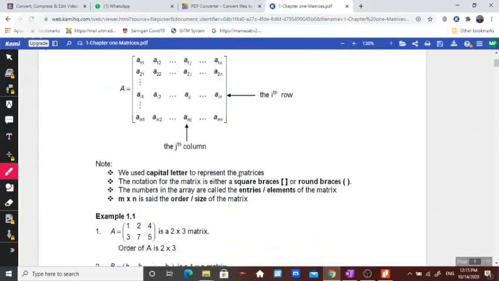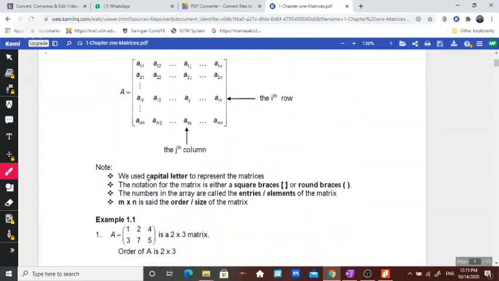Another point is that to represent a matrix we use a capital letter. This is an example, capital letter A to represent the matrix. Next, the notation for the matrix is either square braces or round braces, so you can choose one.